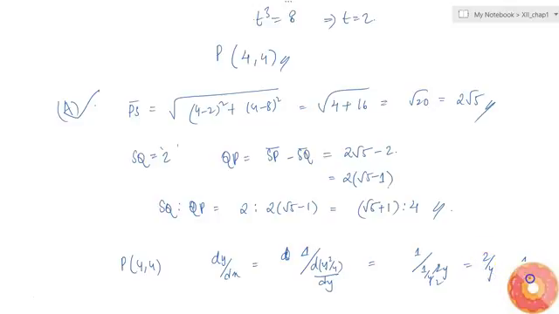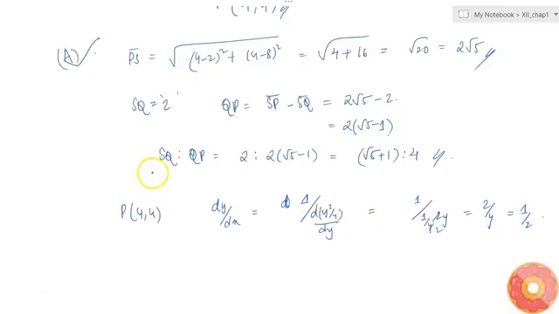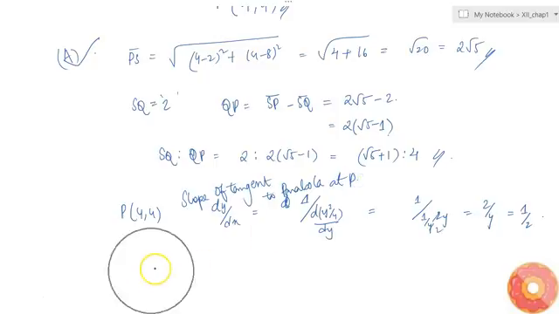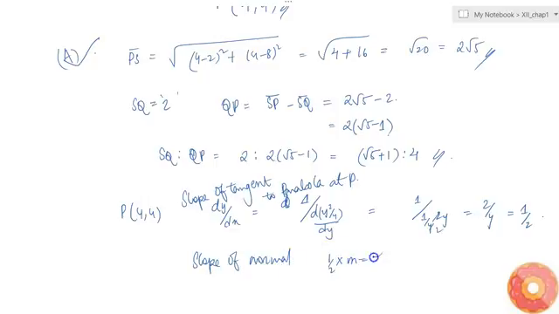So that is equal to half. So half is the slope of the tangent to the parabola at P. Now we can simply find the slope of the normal. So the slope of normal m is given by half into m is equal to minus 1, so m equals minus 2.